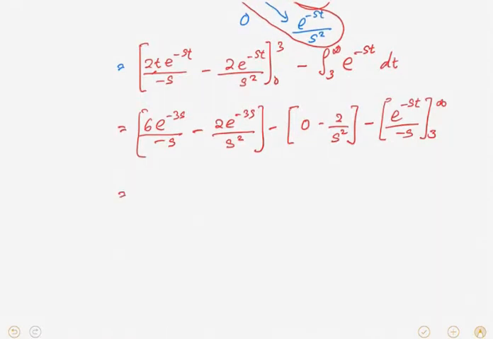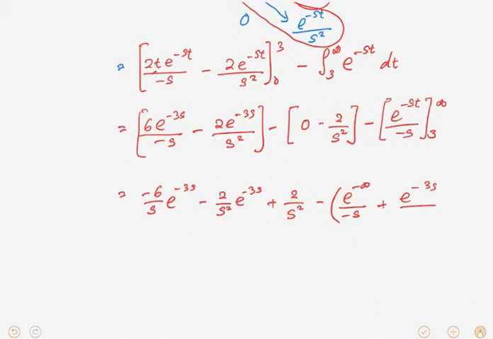Okay, when you solve it, you may obtain -6/s e^(-3s) minus 2/s squared e^(-3s) plus 2/s squared minus e^(-infinity) over -s plus e^(-3s) over s.